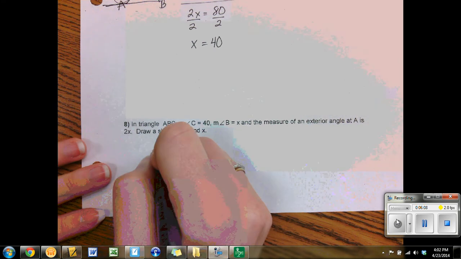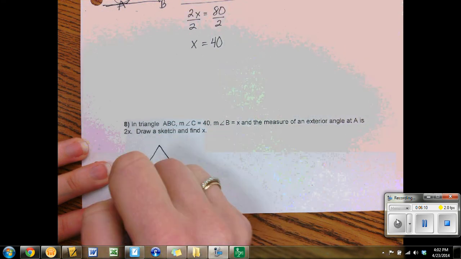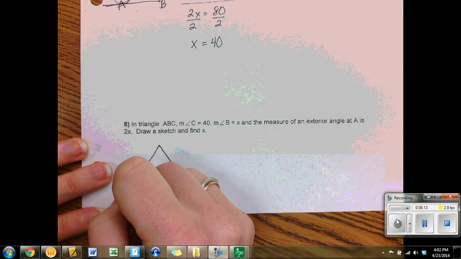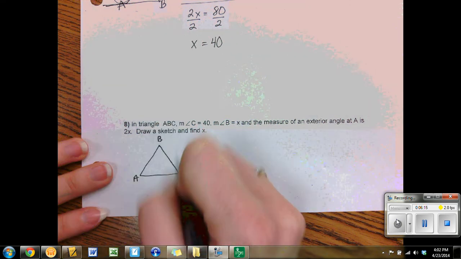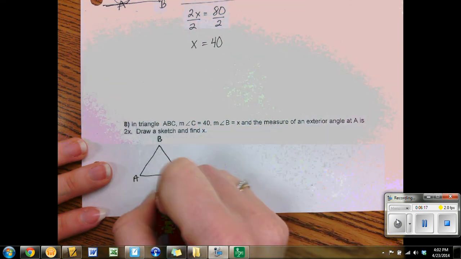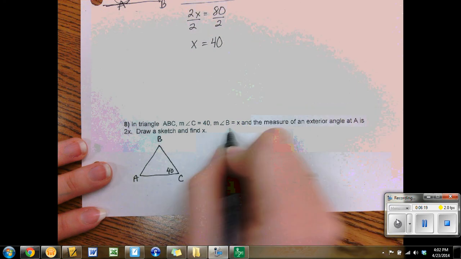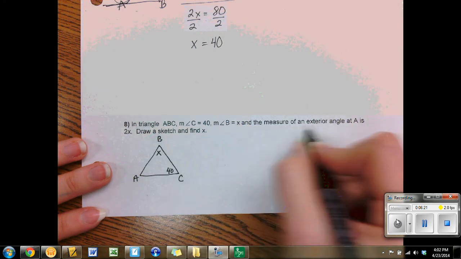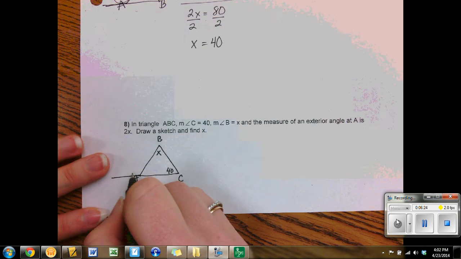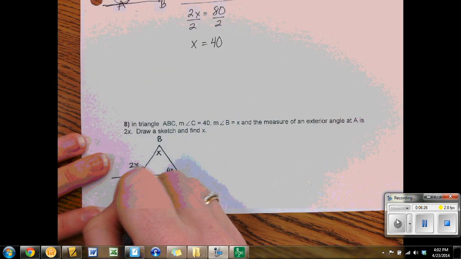All right, so I'm going to start by drawing my triangle. And we'll call this A, B, and C. The measure of angle C is 40 degrees. B is x, and the measure of an exterior angle at A, again out here, is 2x. So there's my picture.